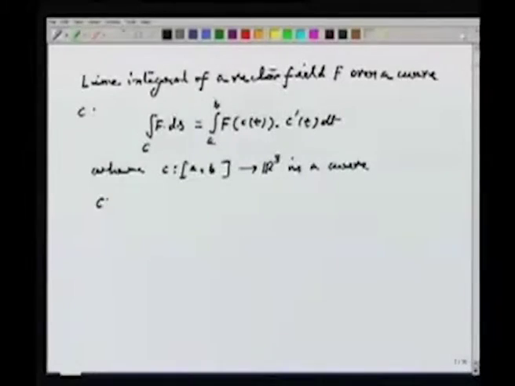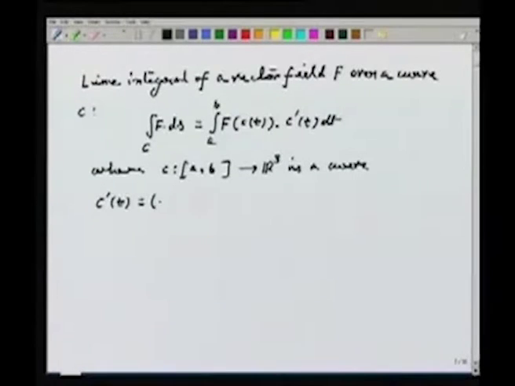Now let us look at the definition again. Now C(t) is a vector because C is a curve in R3. Throughout I am going to work with n equals 3, so it is always R3, but there is no loss in generality in saying that. So C(t) is a vector, it makes sense to apply f on that vector. As a result, f(C(t)) is a vector. Now if I look at C prime(t), that is also a vector, because what is C prime(t)?